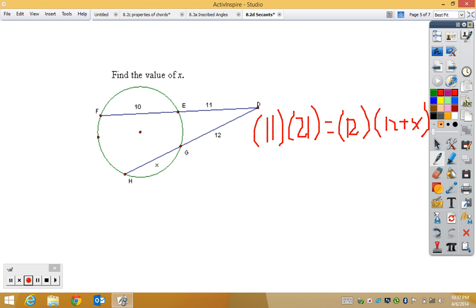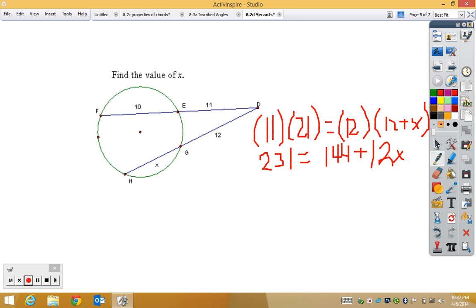So we multiply this through, we get 11 times 21 equals 231. That equals 12 times 12, which is 144, plus 12x.